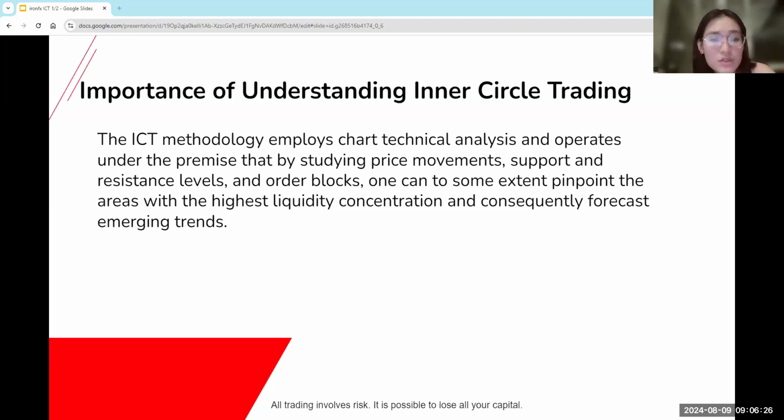ICT methodology employs chart technical analysis and operates under the premise that by studying price movements, support and resistance levels, and order blocks, one can to some extent pinpoint the areas with the highest liquidity concentration and consequently forecast emerging trends.